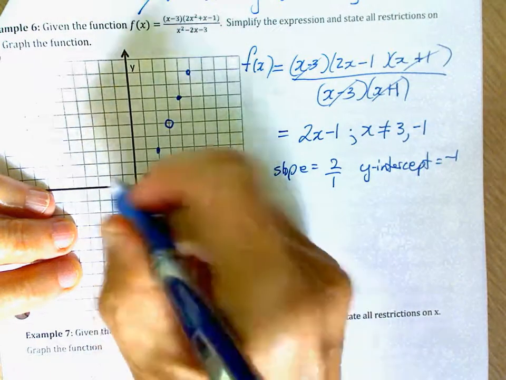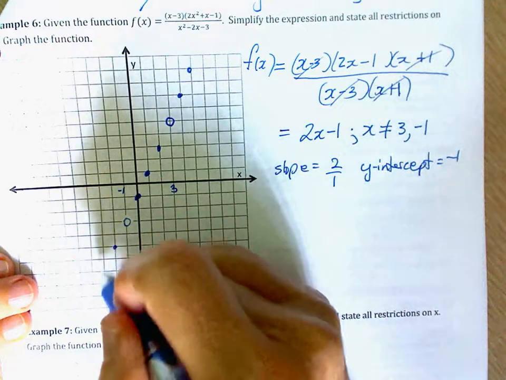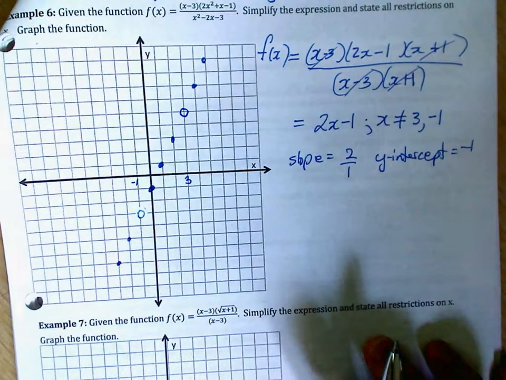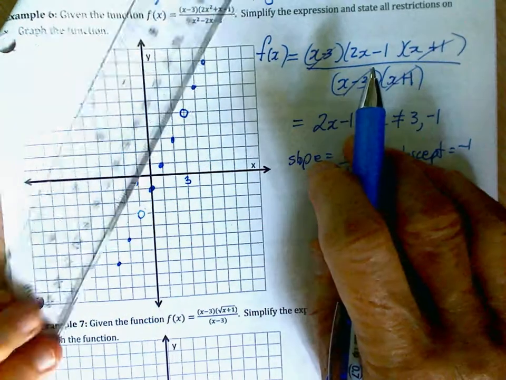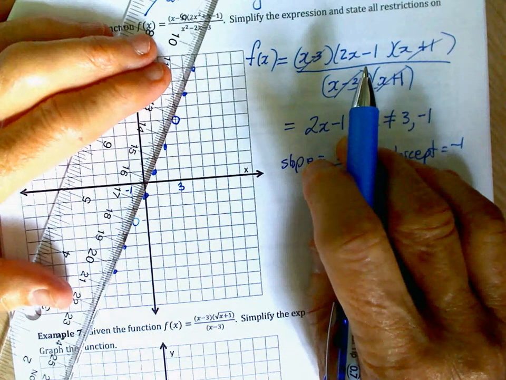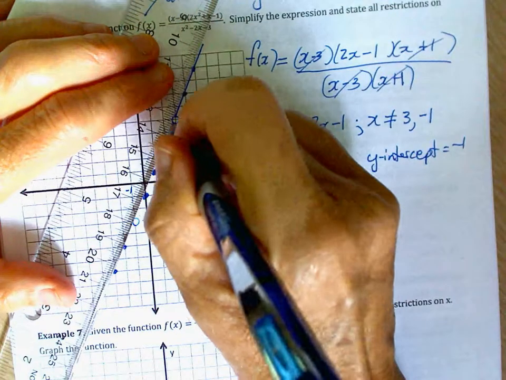So it has a positive slope. It's rising upward to the right. So let's just draw that really carefully without going through our holes. Can't go through the holes, you know, that kind of messes things up.